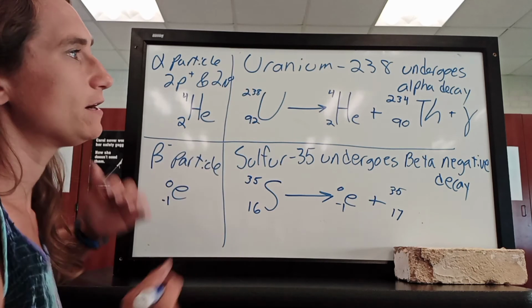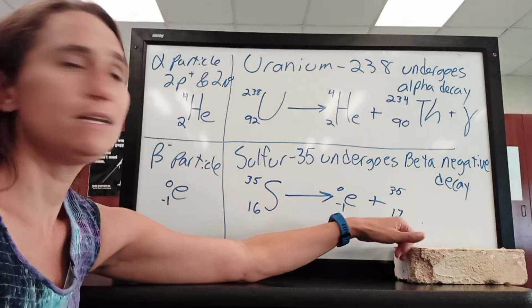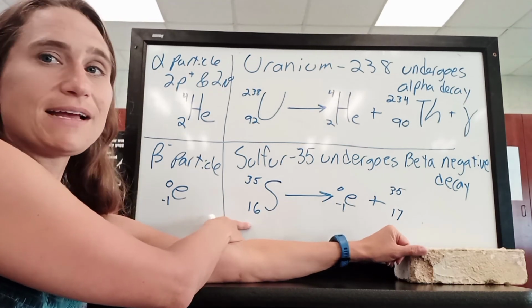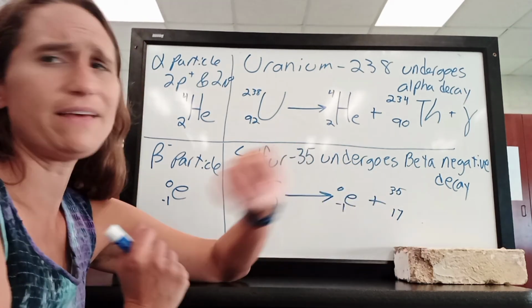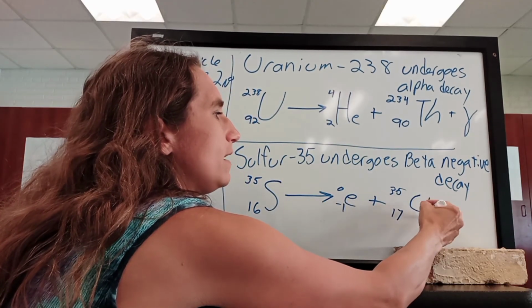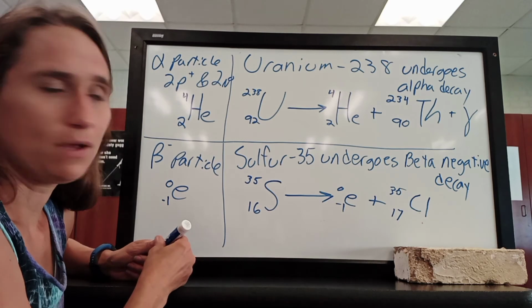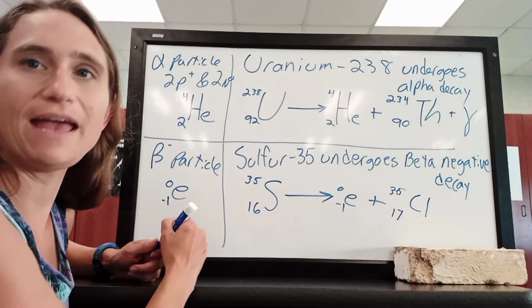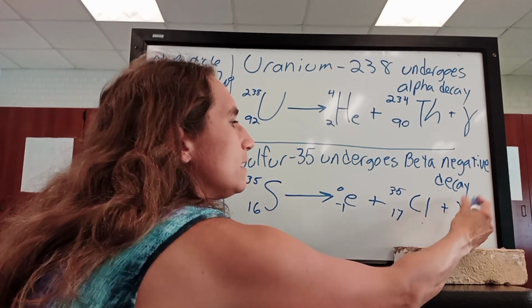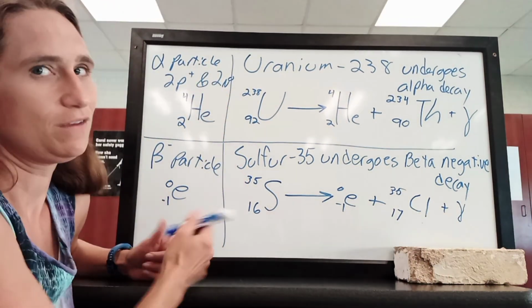Just like we did up here to find the thorium, you look up 17 on the periodic table because this is no longer a sulfur atom because it's not got 16 protons anymore. It's got 17 protons, which means that this is now a chlorine atom. See? Okay. And just like we did with the alpha decay, at the end of every single reaction, we're going to write plus gamma radiation. Okay? All right, good luck.